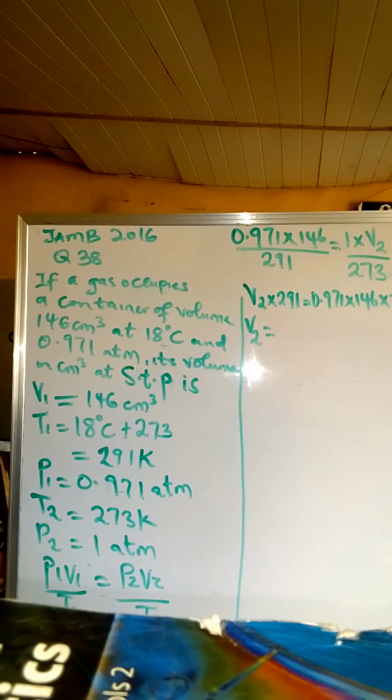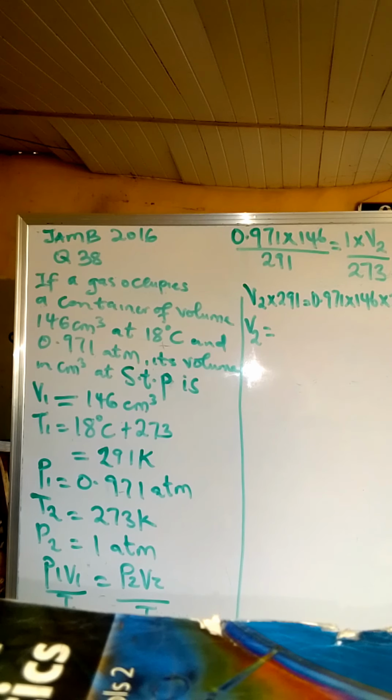If a gas occupies a container of volume 146 cm cube at 18 degrees Celsius and 0.971 atm, its volume in cm cube at STP is? V1 equals 146 cm cube, T1 is 18 degrees Celsius. We are going to convert it to Kelvin. You add 273, it becomes 291 Kelvin. Our P1 is 0.971 atm.